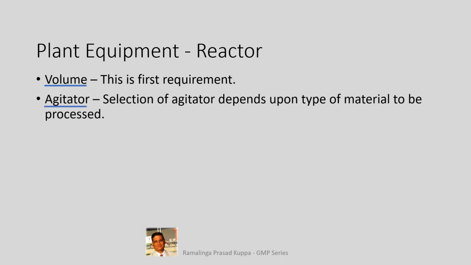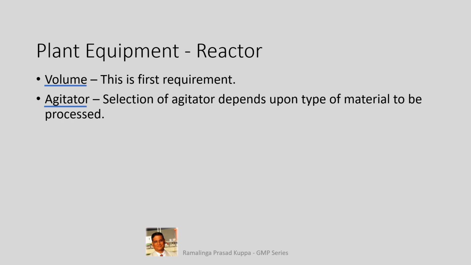Agitator. Selection of agitator depends on the type of material to be processed. Agitator selection depends on the type of mixing pattern of the materials inside the reactor. Anchor type of agitator is used for heterogeneous mixing of materials. The swing span of the anchor type is much more.